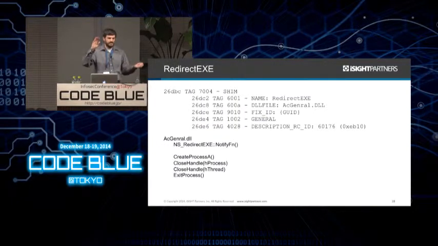It says, okay, I need to apply a shim because someone has registered or installed a shim for calculator. And so it starts up before the WinMain hits in calculator. It does a CreateProcess for notepad, so then notepad starts up, and then calc is terminated. And that's how a redirect works. This could be useful, and you'll see it is very useful later for attackers.